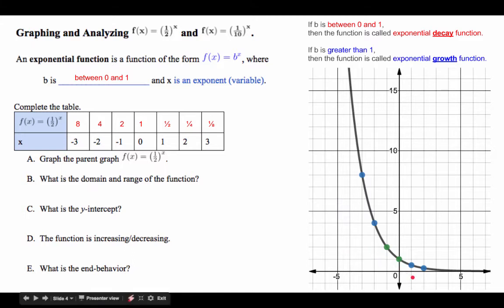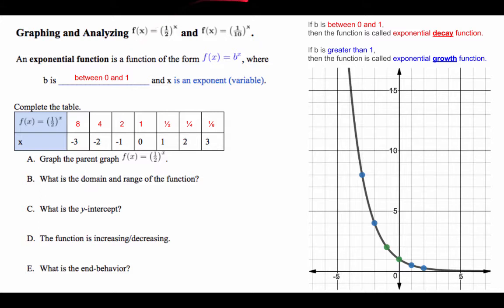So it looks like basically 2 to the x that's been reflected horizontally, right? Exactly. When you have b between 0 and 1, this 1/2 could be written as 2 to the negative x, and it's a horizontal reflection of 2 to the x. That's why it goes the other direction.